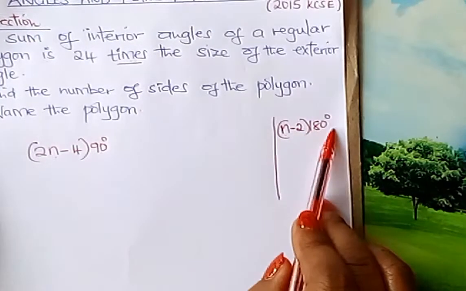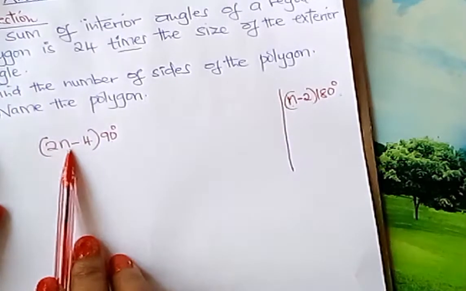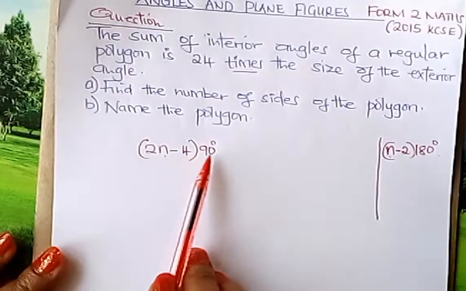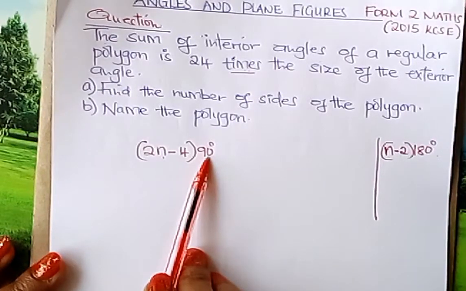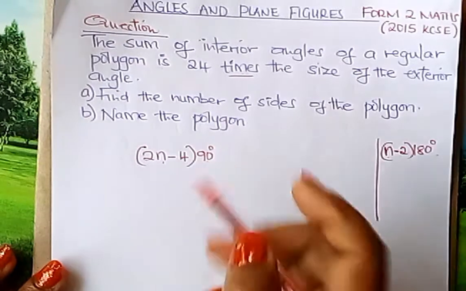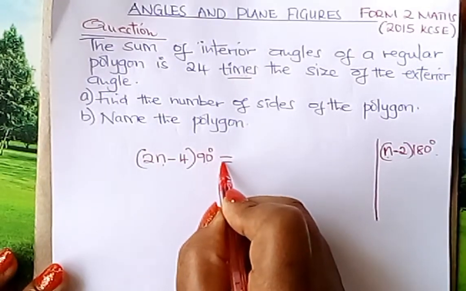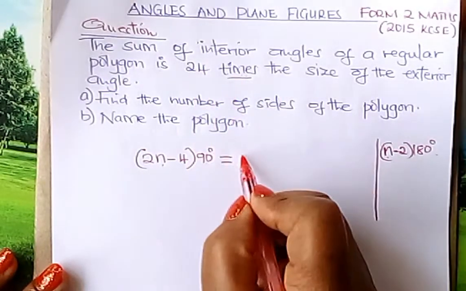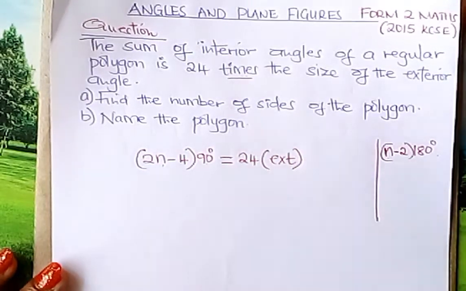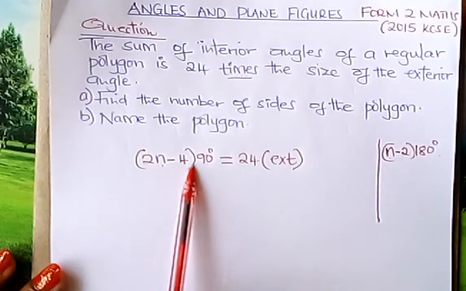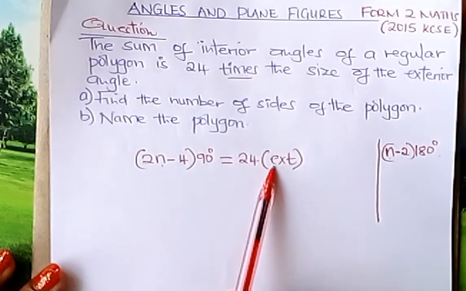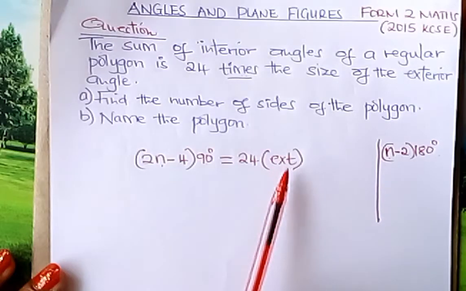So let me use this one. (2n - 4) multiplied by 90 is how we get the sum of interior angles of any polygon. And we are told that this sum is 24 times the exterior angle.